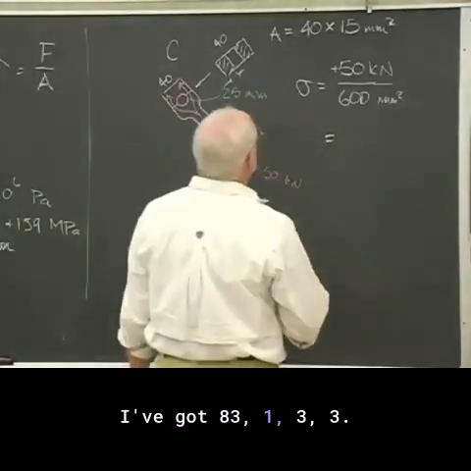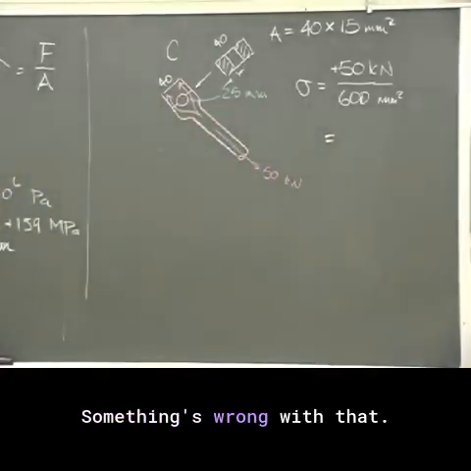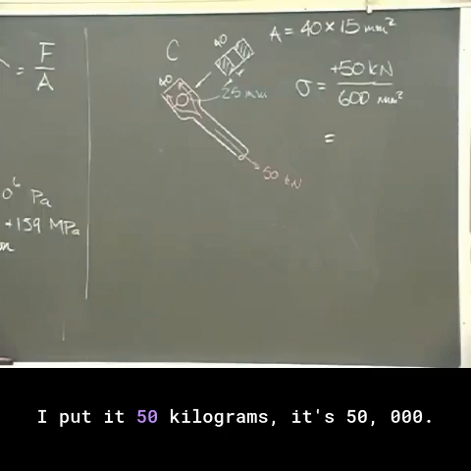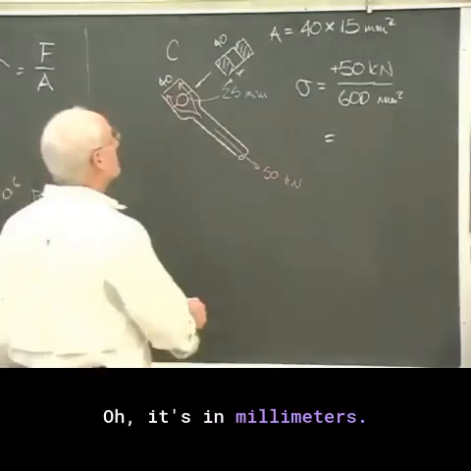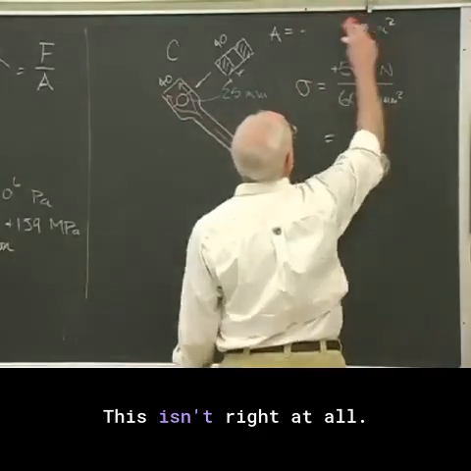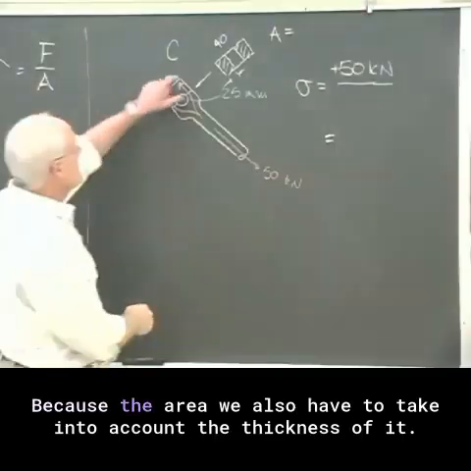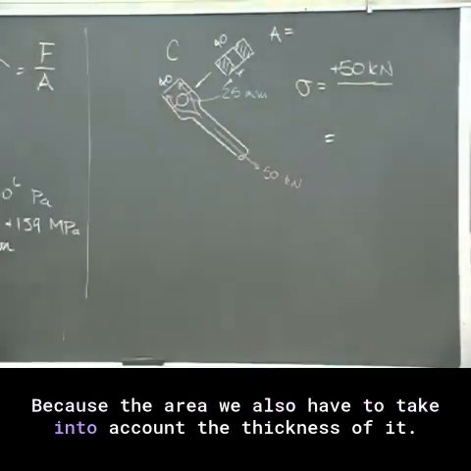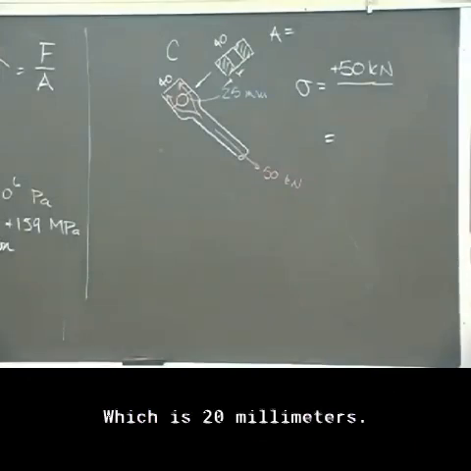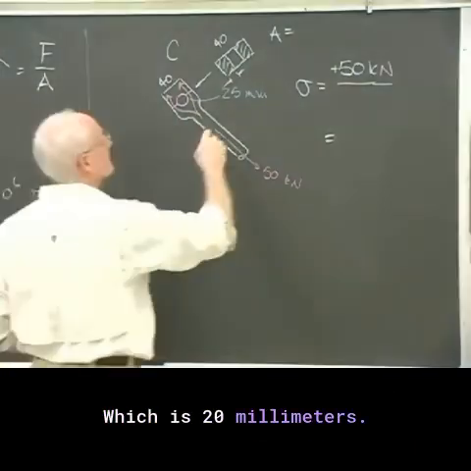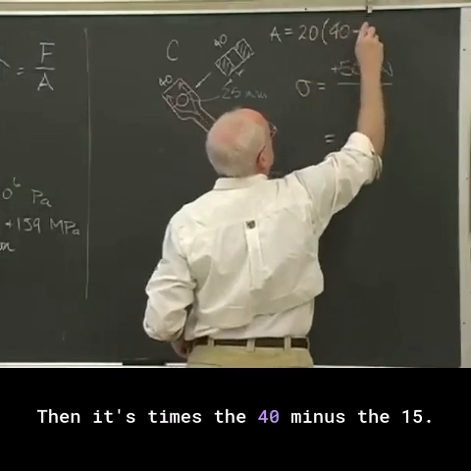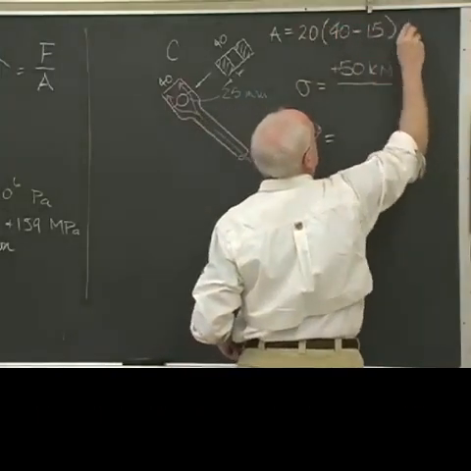I've got 3.3. Something's wrong then. That's not the number I had. What did I do? I put in 50 kilonewtons as 50,000. Oh, it's in millimeters. This isn't right at all. Because for the area, we also have to take into account the thickness of it, which is 20 millimeters. Then it's times the 40 minus the 25, which is 15 millimeters.